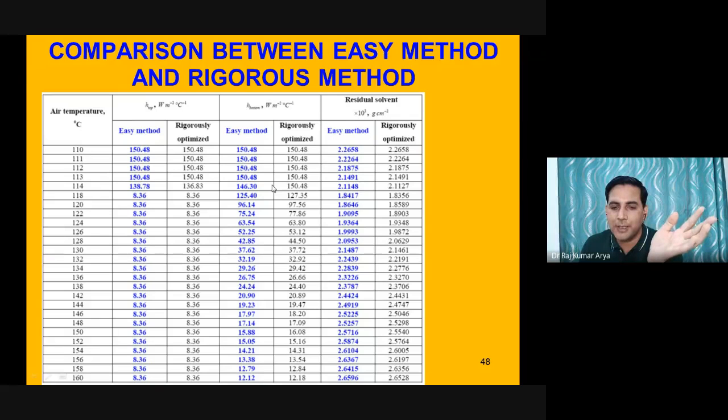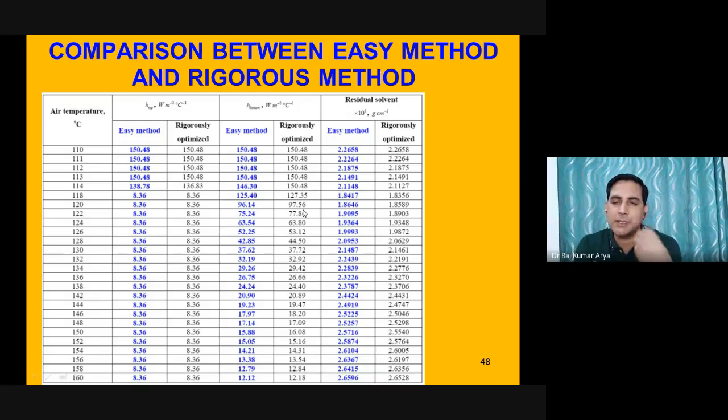Here there is just a slight change: 96.14 at 120 degrees Celsius, versus 97.56. So from this code, we are always very close to the optimized values. But what is great is that we have minimized our computational time and our guess dependency.